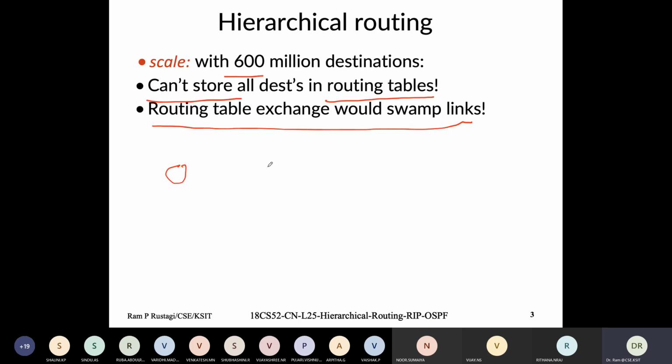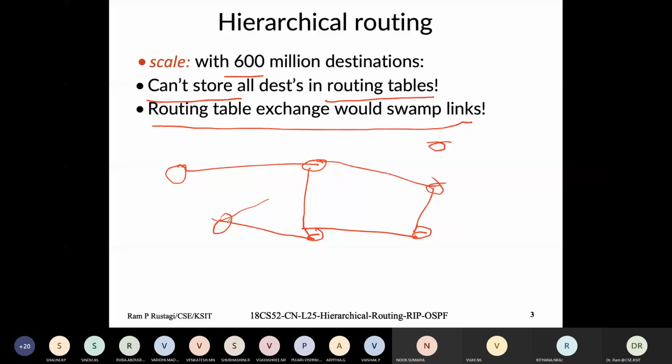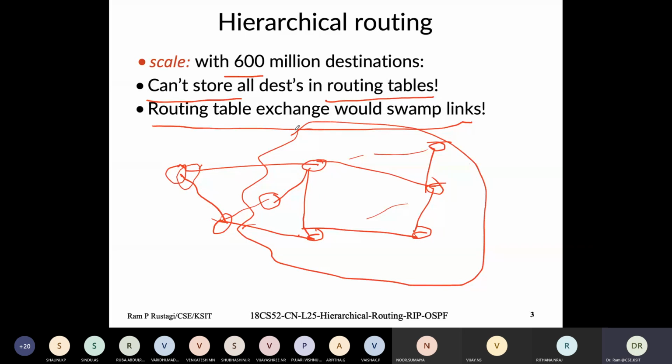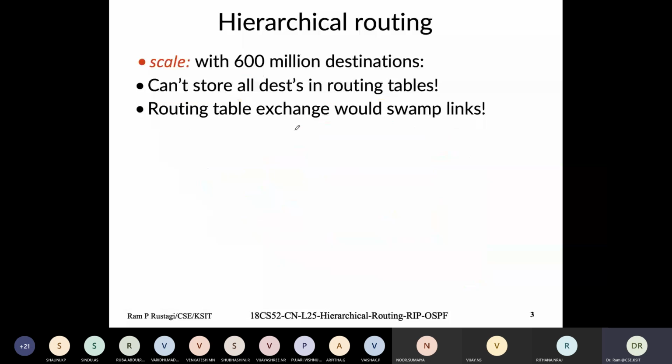So if I have a router here, and a number of routers connected, this link state information has to go here, here, here. And if this is a large network, my network would be flooded with these link state messages itself and will be choked.